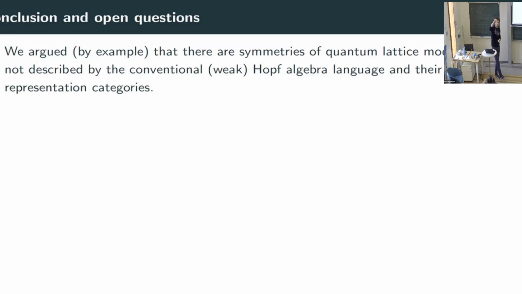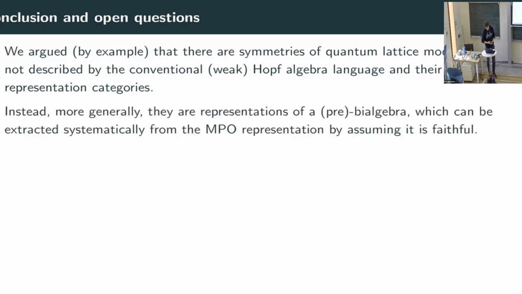Namely, these topological lines, you can bend them freely as you wish. You can take turns, corners, which is basically what the antipode is giving you in weak Hopf algebra language. But if you're just looking at a 1D chain, you don't care about being able to make corners. So it makes sense that if you're just interested in this 1+1D spin chain context, you need a little bit fewer assumptions.